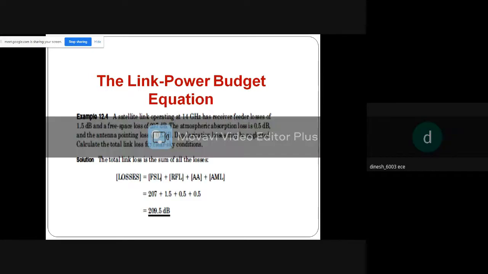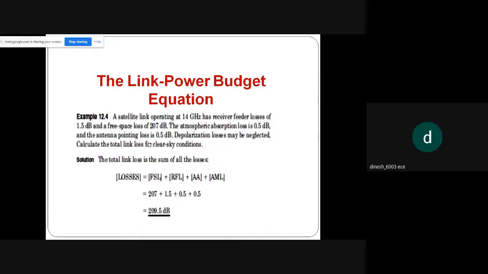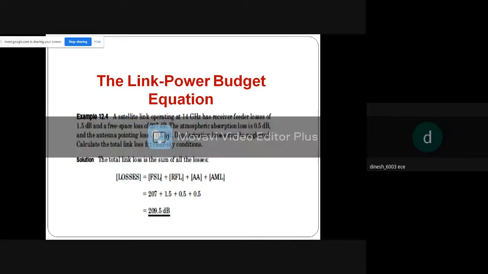And there is an atmospheric absorption of 0.5, and antenna pointing loss, which is AML, antenna misalignment loss, which is 0.5. And it is given that depolarization loss is neglected.